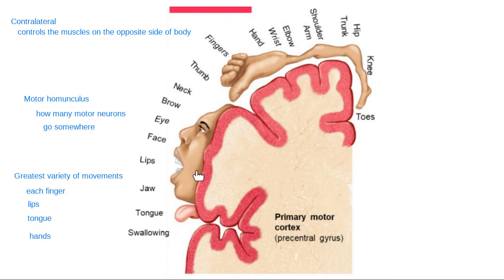Lots of information goes to the face. Not a lot of information goes to the arm in comparison. Lots of information goes to the fingers. Not a lot of information goes to the toes. The more information goes there, the more different movements I can do, the more different things I can make happen.